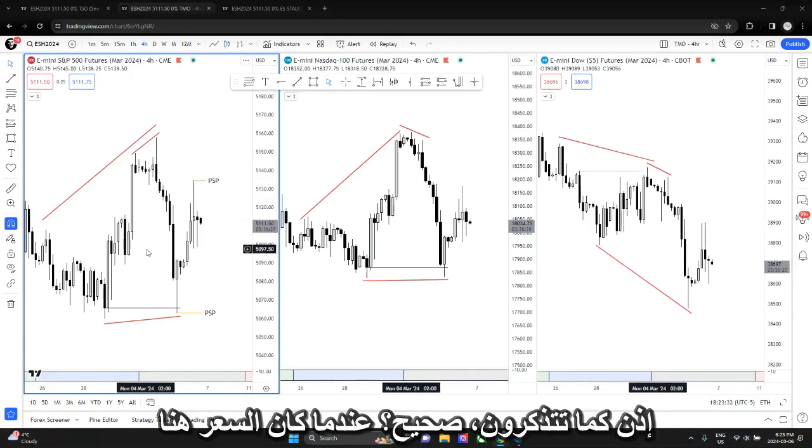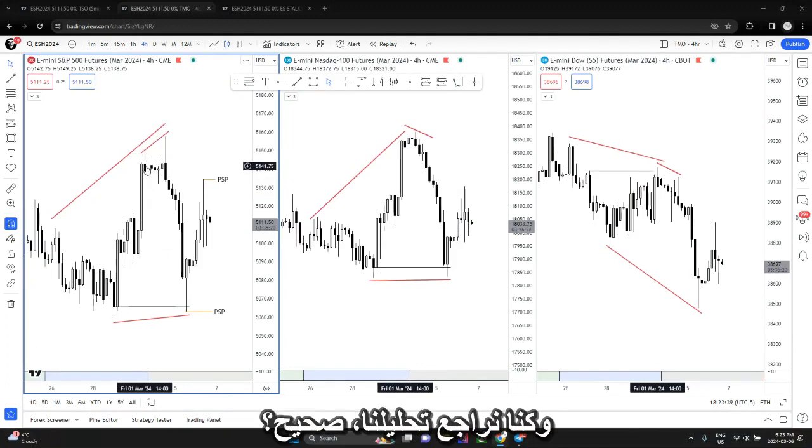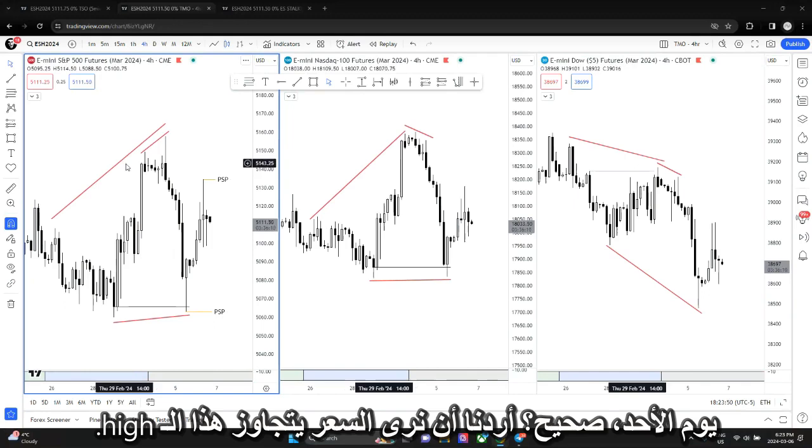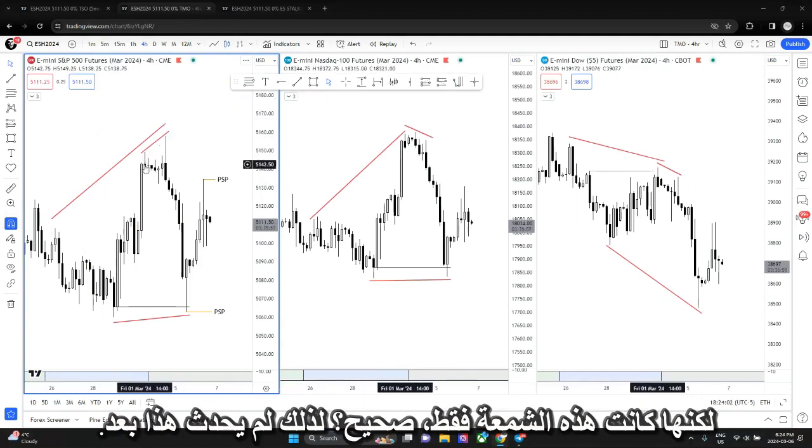So as you guys remember, when price was here and we were doing our analysis for the current week, which we did Sunday, we wanted to see price run above this high, basically, because we already knew that there was SMT, but it was just this candle.